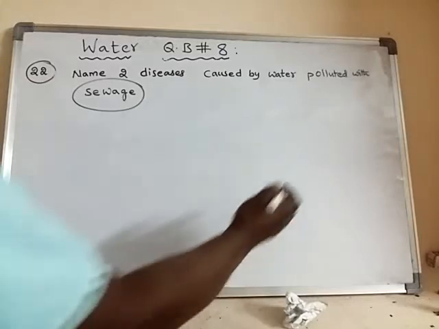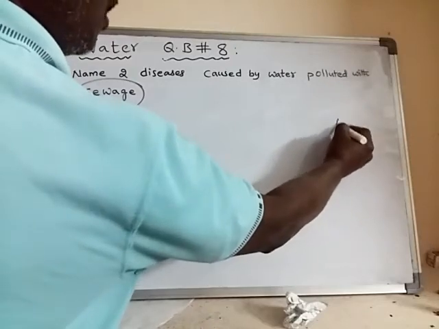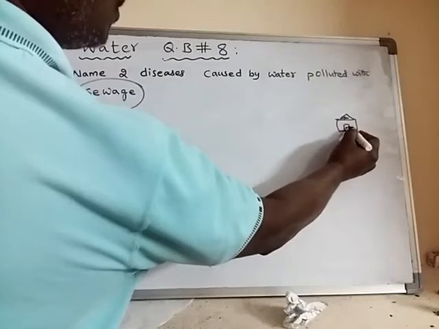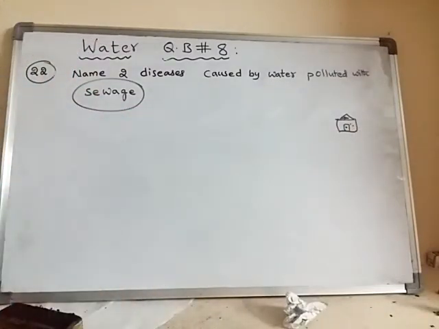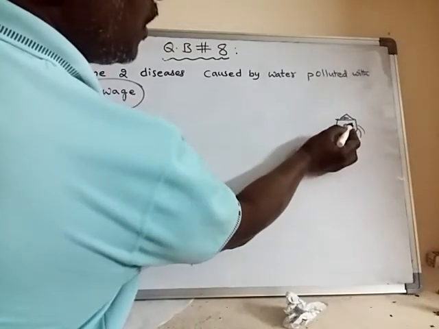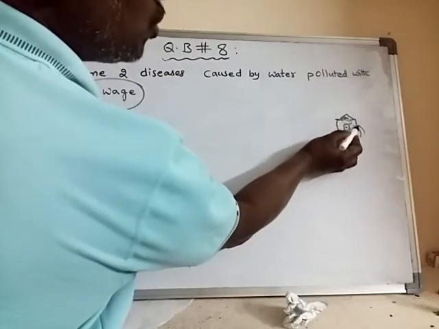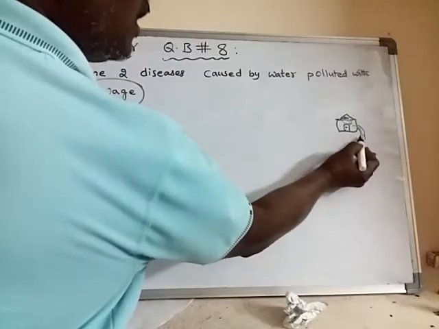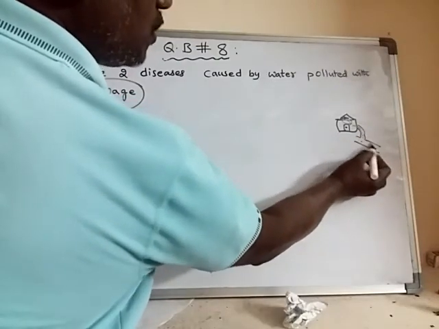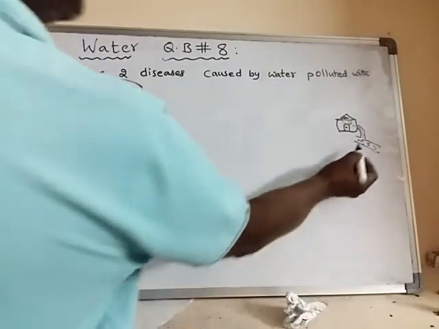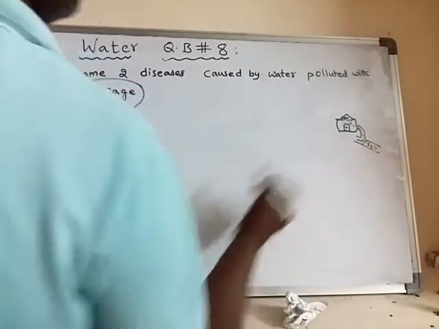For example, suppose there is a house. In the house, a large amount of water is utilized for various purposes, and that water becomes waste water. The used up water flows out from the house and finally reaches the drains or streams.